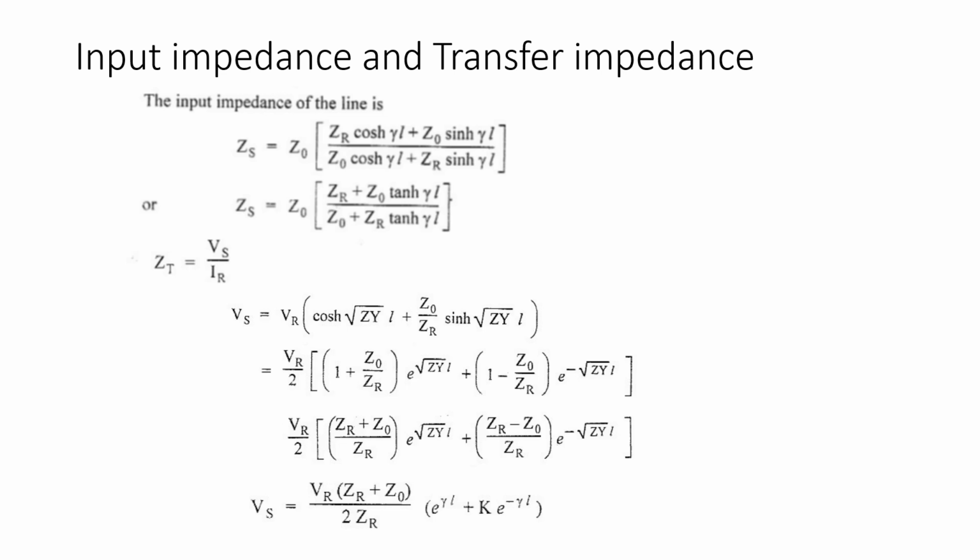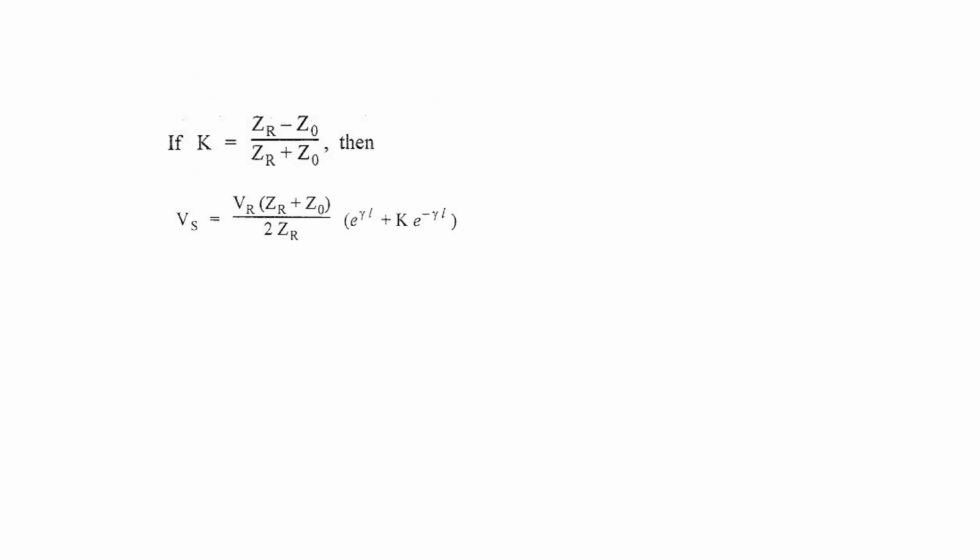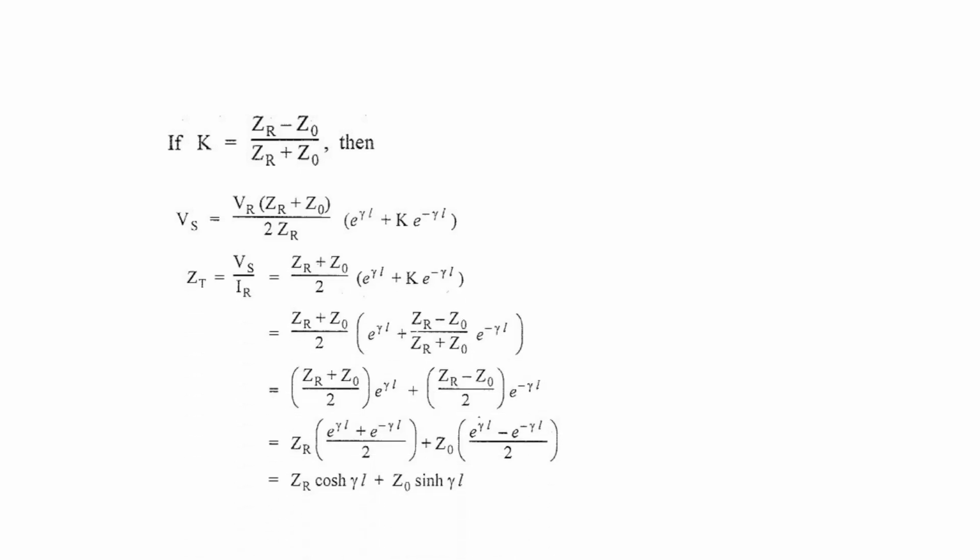Then this equation becomes VR by 2 into (ZR plus Z0) by ZR, into e power root ZY into L plus (ZR minus Z0) by (ZR plus Z0) into e power minus root ZY into L. Here we write the term (ZR minus Z0) by (ZR plus Z0) as K. K is nothing but the reflection coefficient. So the equation becomes V is equal to VR into (ZR plus Z0) by 2ZR into (e power gamma L plus K e power minus gamma L).